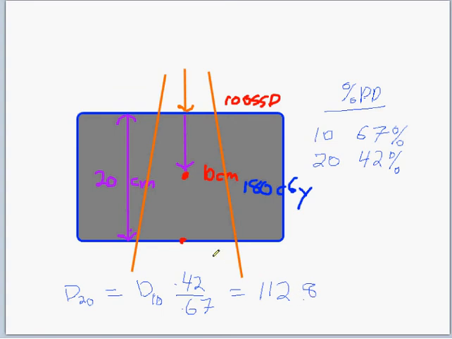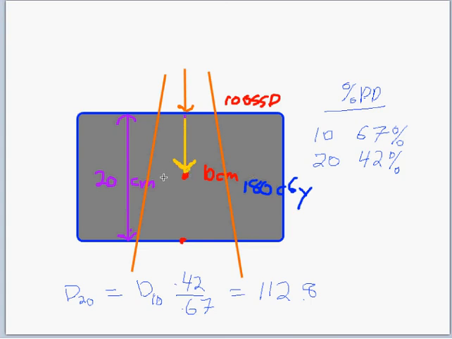The reason that happens, why you would expect to get a little bit less dose there, is that the dose to a point comes from two main sources. Most of the dose to any point in the patient is coming from a direct beam, so just the dose that you get coming straight down to that point.